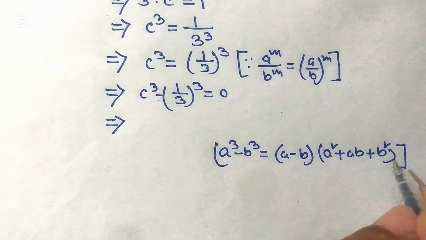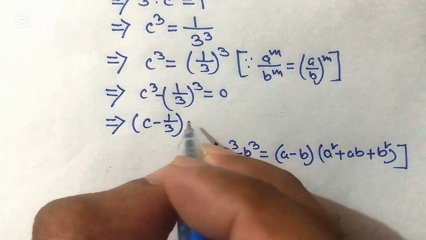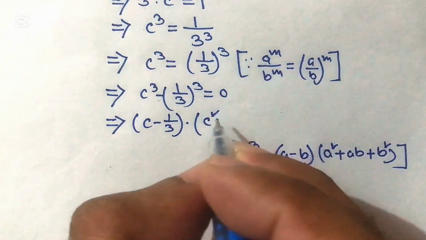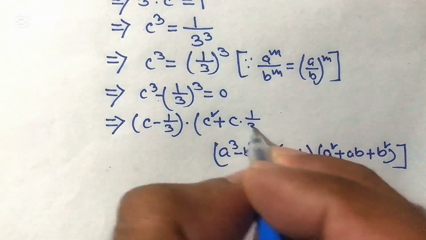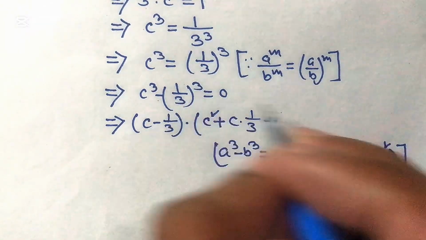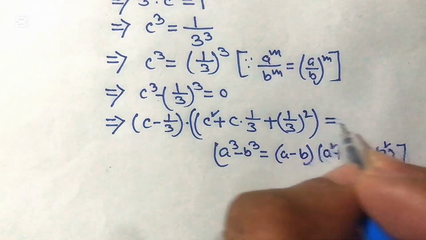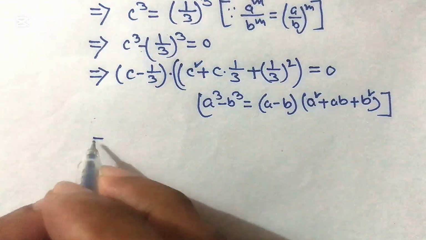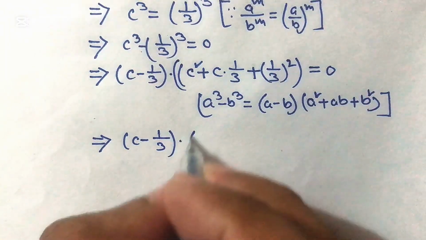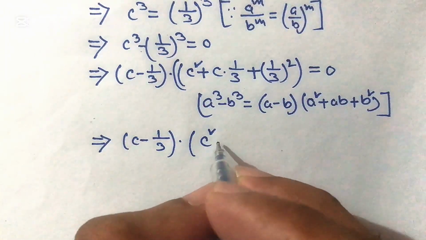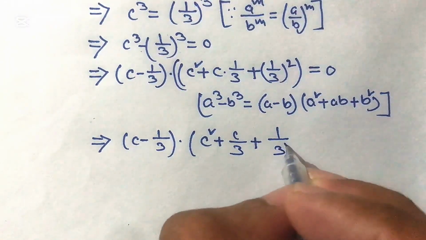So according to this rule, we can write it as (c − 1/3)(c² + c·(1/3) + (1/3)²) = 0.